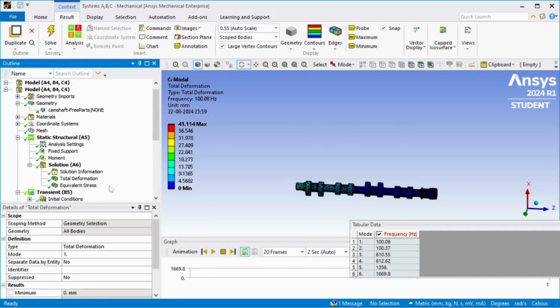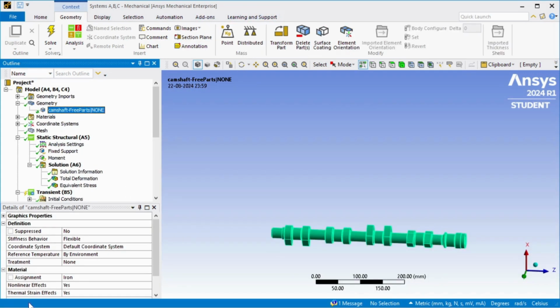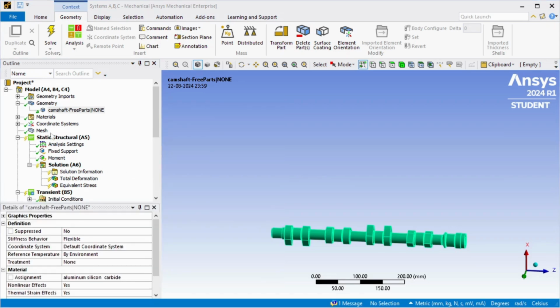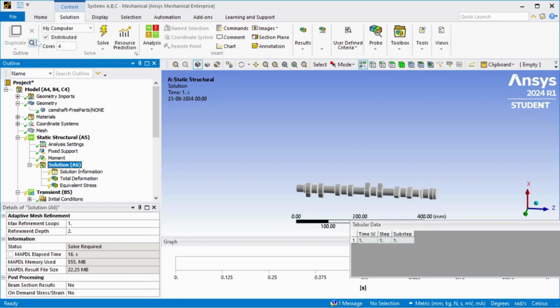So let us analyze for the composite material which we are using, aluminum silicon carbide. You can change materials by going to geometry and in the path section, you'll get a material assignment, and you can change your material over here. So let us solve this.